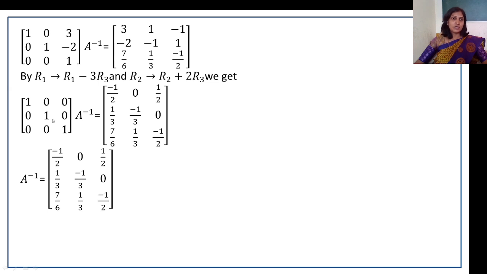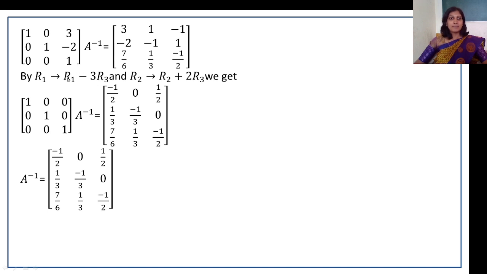This is converted into identity matrix, and A inverse, which is equal to R2, that is R1 minus 3R3. R1 is 3, and minus of 3 into R3 is 7 by 6, that is 7 by 2. So here is minus 1 by 2. Now here 1 and minus 3 into 1 by 3, that is 1 minus 1, so it is 0.